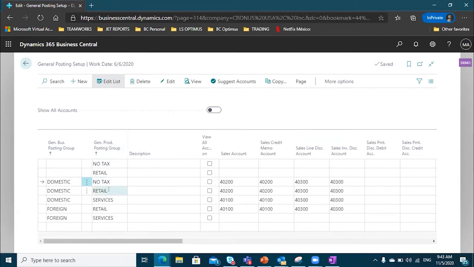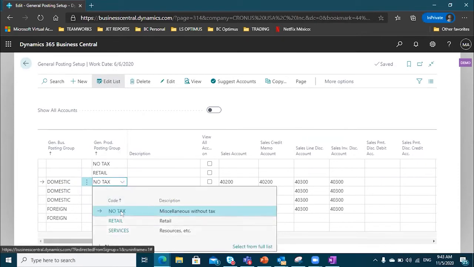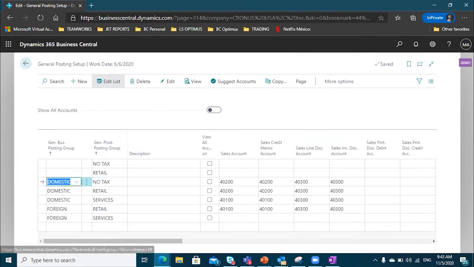Once I actually do this, well, I would combine these both variables together until I have for domestic all the combinations with the different type of products. So you can see I have domestic with no tax, domestic with retail, and domestic with services. Okay, so combine all of them and start selecting.